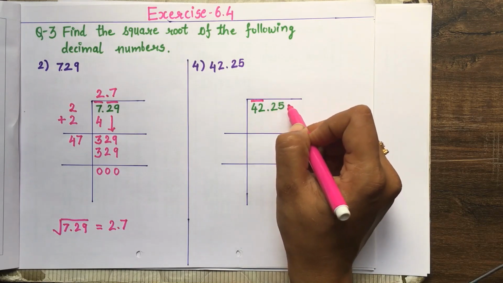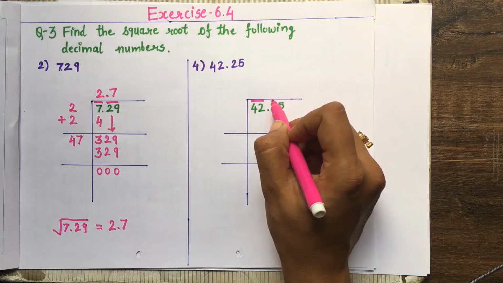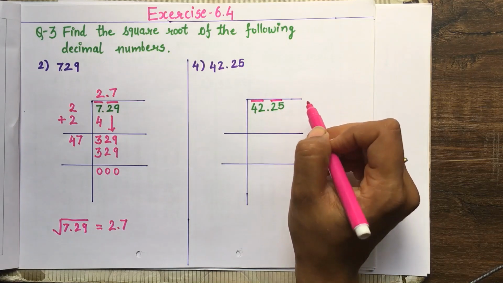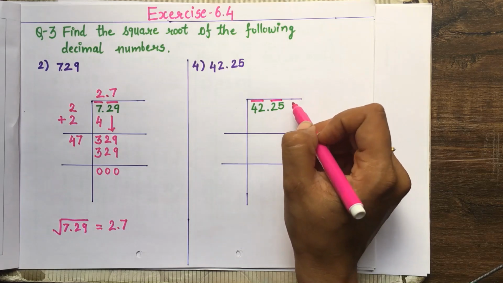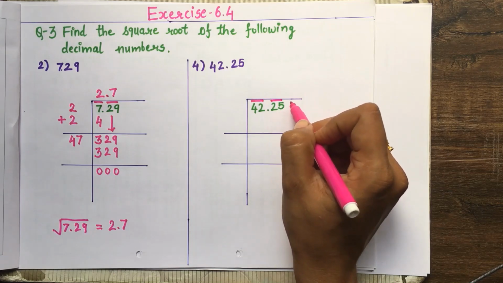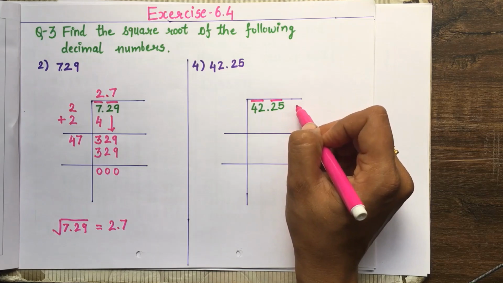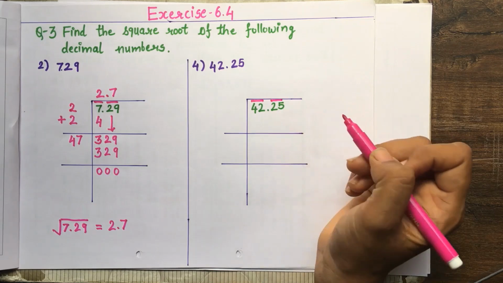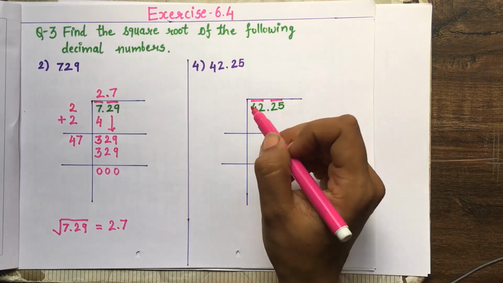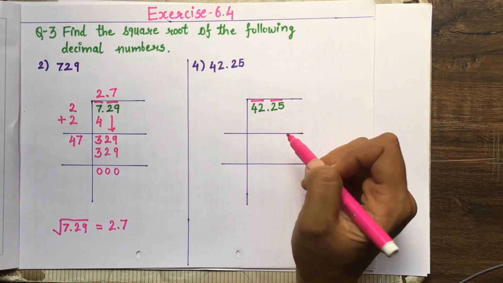Suppose over here you have some more digits, say 2, 5, 1, 2. Then you make a group of 2, 5, and then 1, 2. Or if you have just 2, 5, 1, then you put an extra 0 and make a pair. So here we have 42.25.